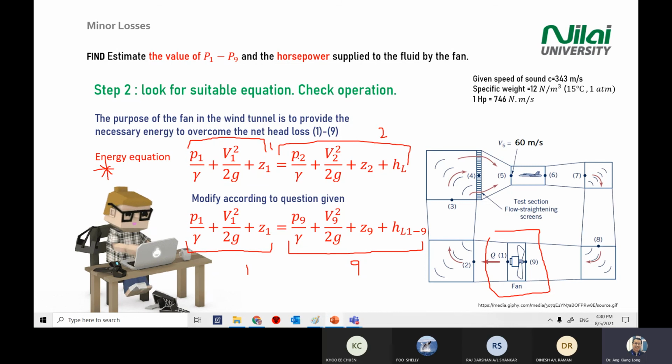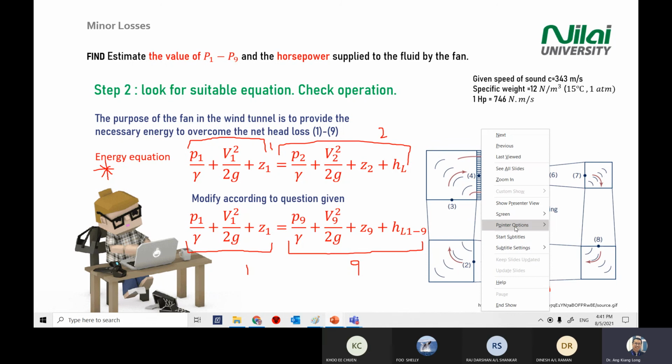Then you change all the notation 2 to 9, 2 to 9. For the loss here, if you compare to point 9 and look at the direction of the flow, there is some energy loss from point 1, point 2, point 3, point 4 until it comes to point 9. So you need to add this head loss inside the energy equation. Make sense? You have to understand this equation.